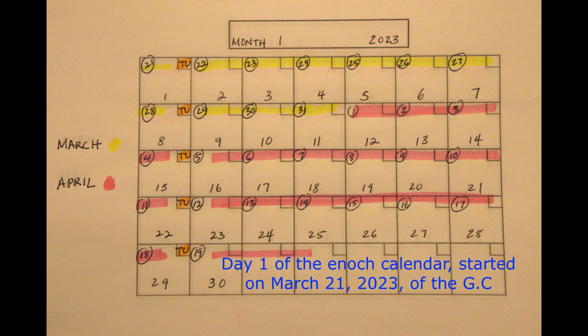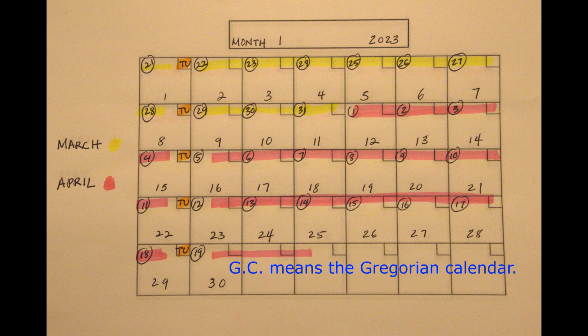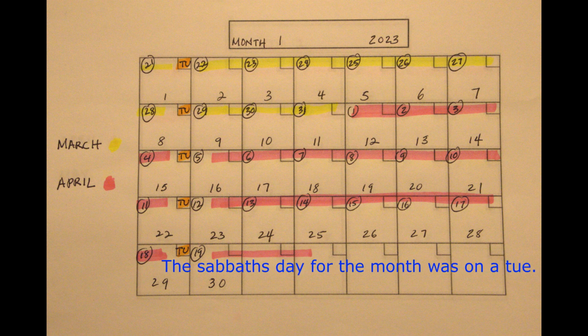Day 1 of the Enoch calendar started on March 21st, 2023 of the Gregorian calendar. GC means the Gregorian calendar. The Sabbath day for the month was on a Tuesday of the GC calendar.